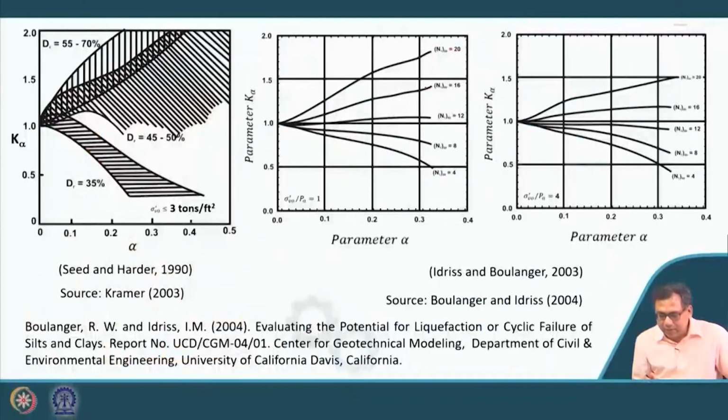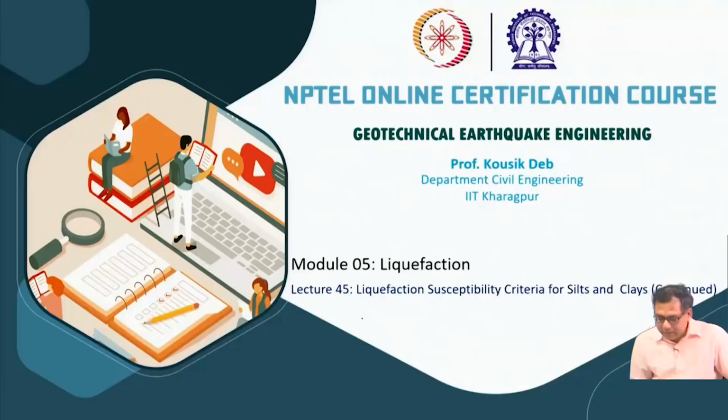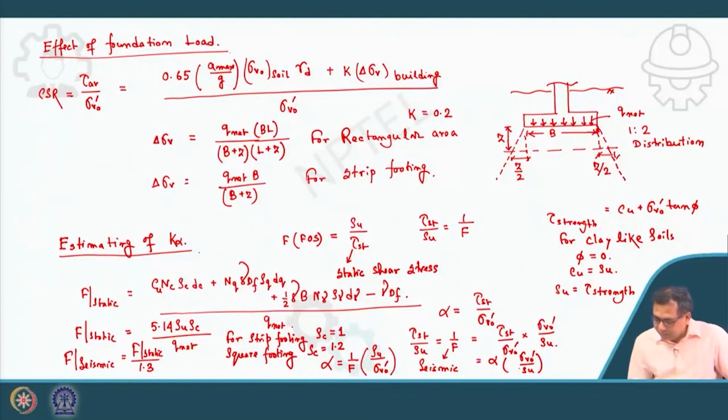Once you calculate the alpha value, now you use these charts. You know the alpha value. If you know the N160 value, you will get the K alpha using these charts. And for clay, if you know the St divided by Su, that is 1 by F, you put it here, 1 by F, you will get the K alpha. Or you can calculate the alpha value, then you can use this expression. And here I have given alpha into Su by sigma V dash.